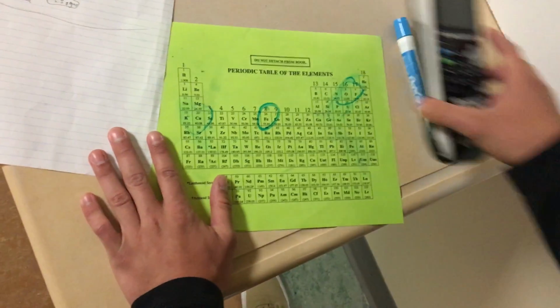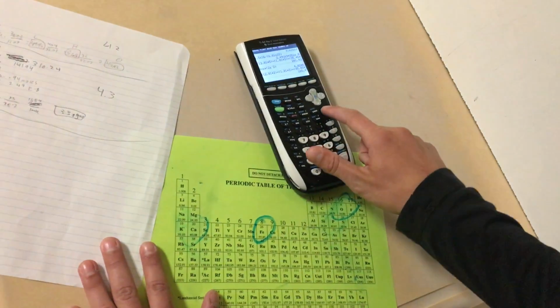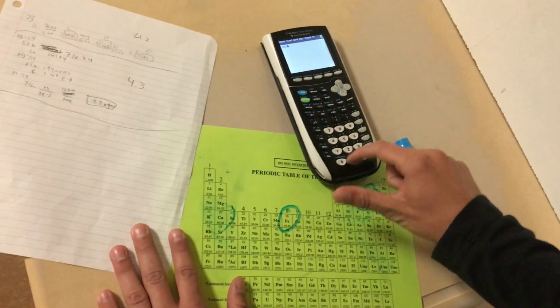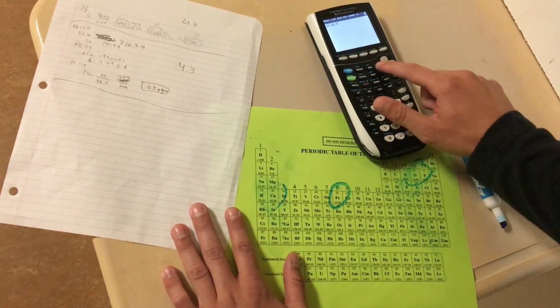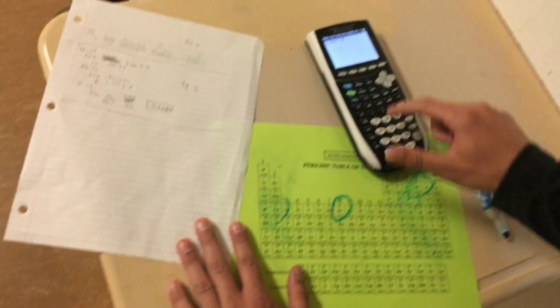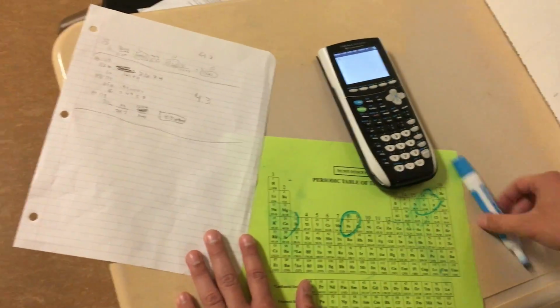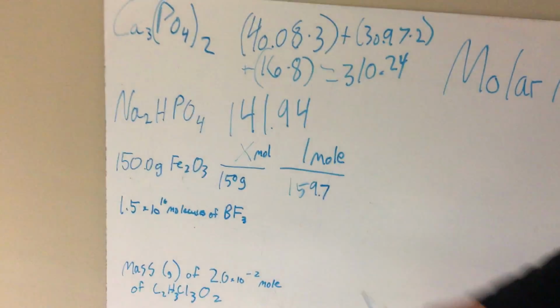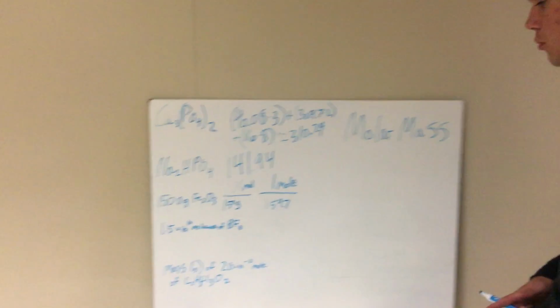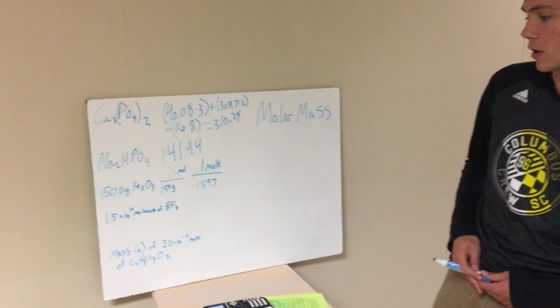So here we have Fe, 55.85. So I'm going to add it on my calculator: 55.85 times 2 plus 16 times 3. So you get 159.7. Then after we cross multiply, we get 159.7x equals 150.